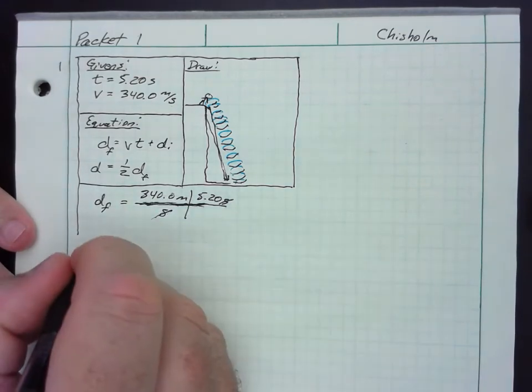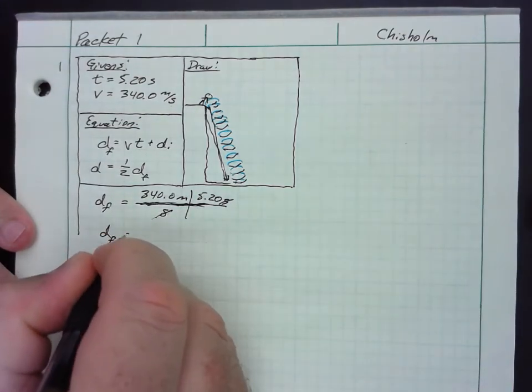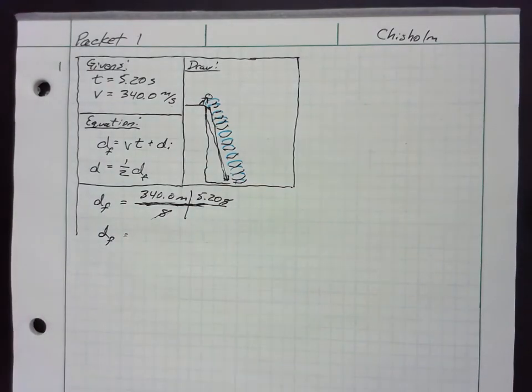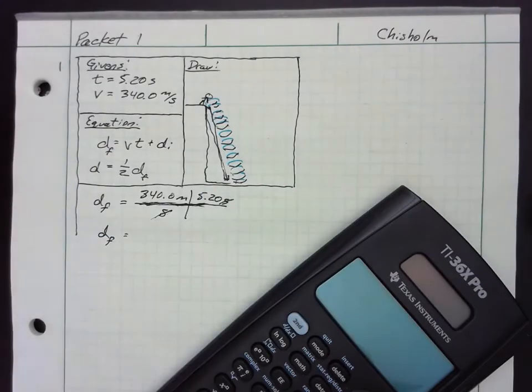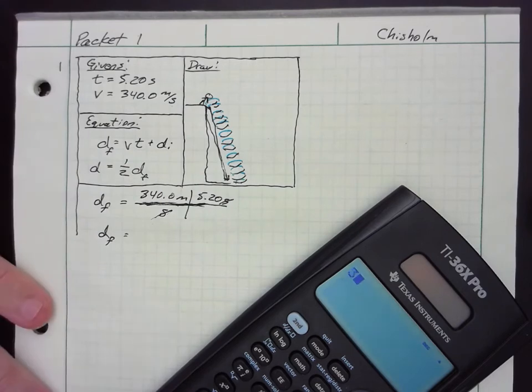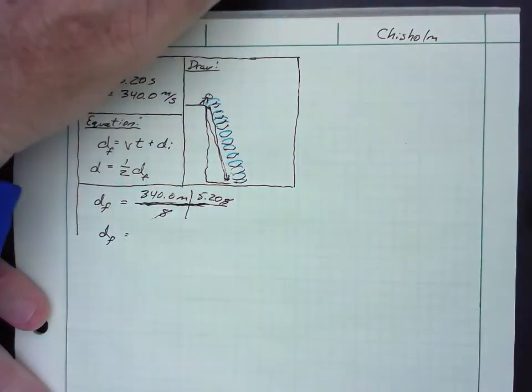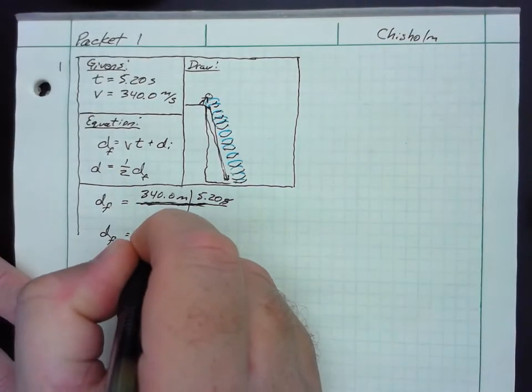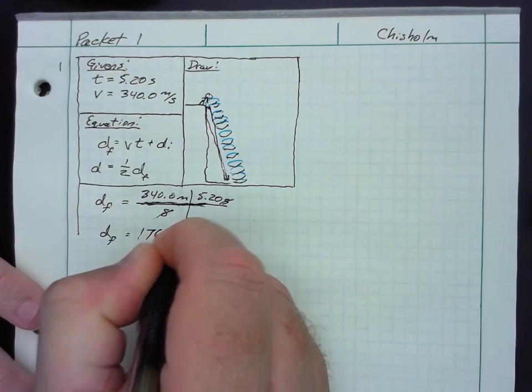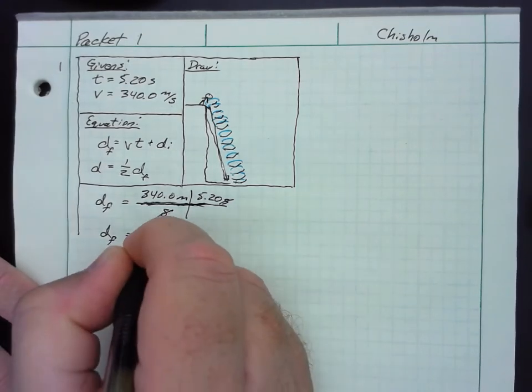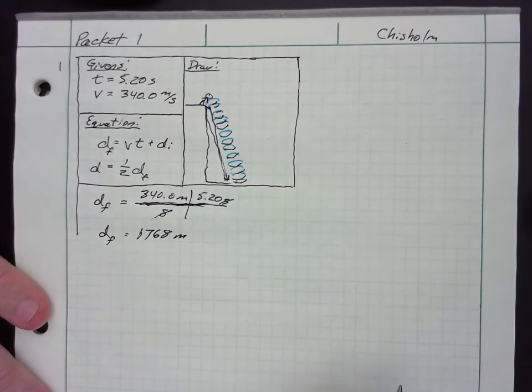So then my d final is going to be equal to, I grab my handy dandy calculator here, 340 times 5.2 equals, and I get 1768 meters, but remember that's double the distance.